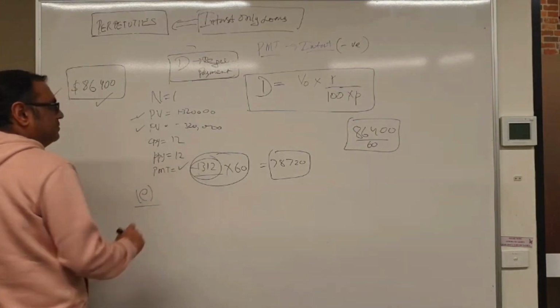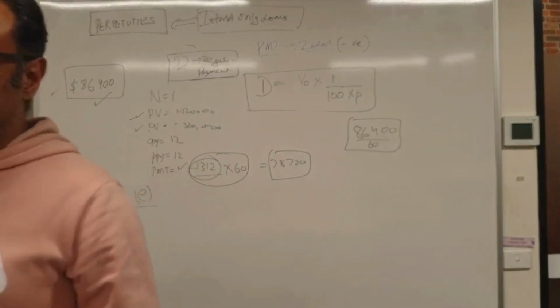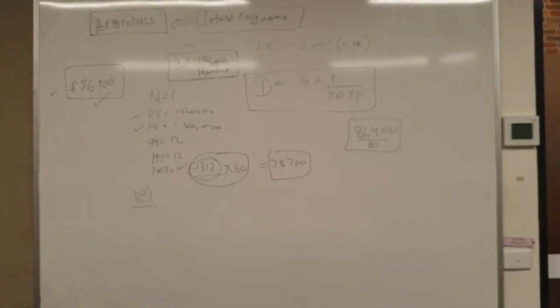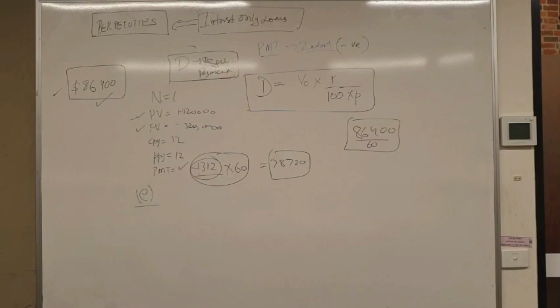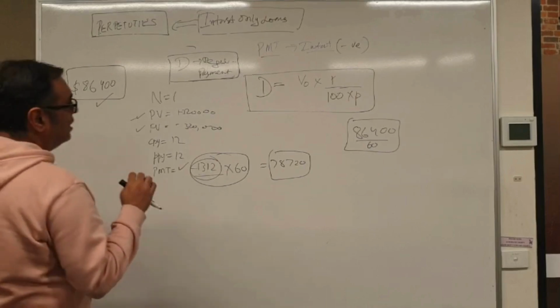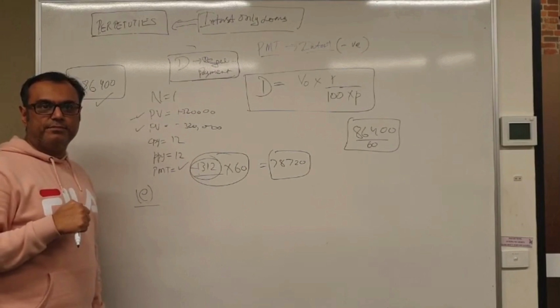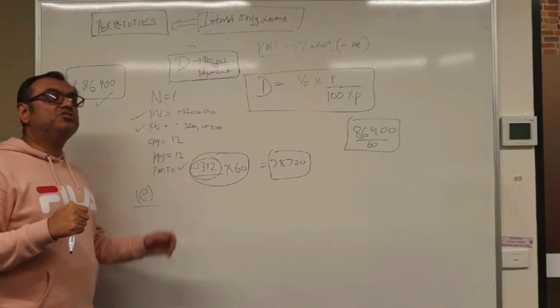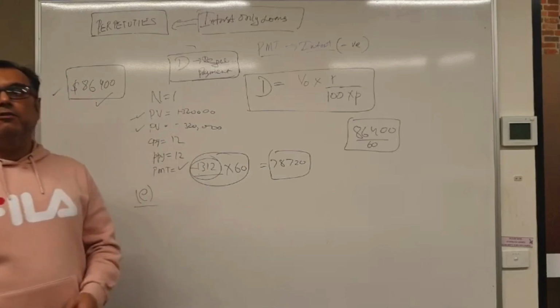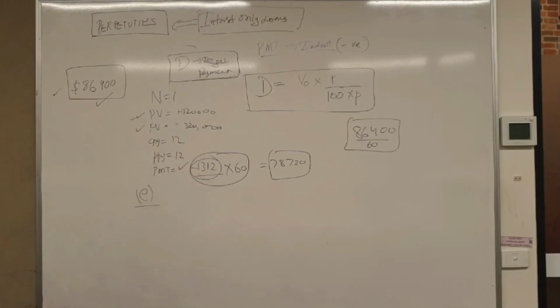E. The trick in these questions is when to use financial solver and when not to use financial solver. When is it a straightforward calculation and when is it a CAS calculation.